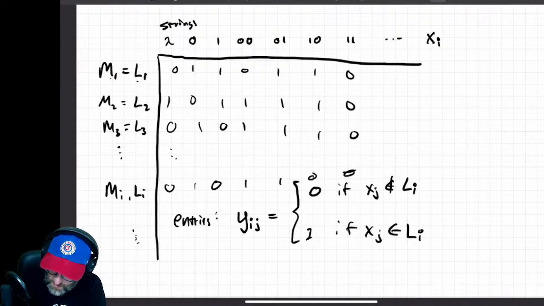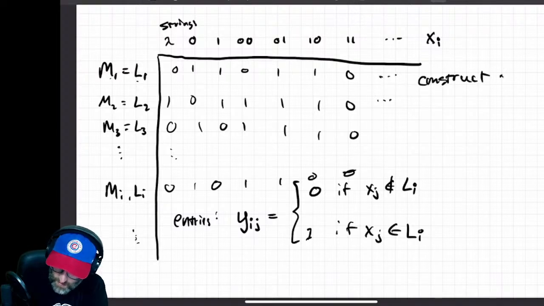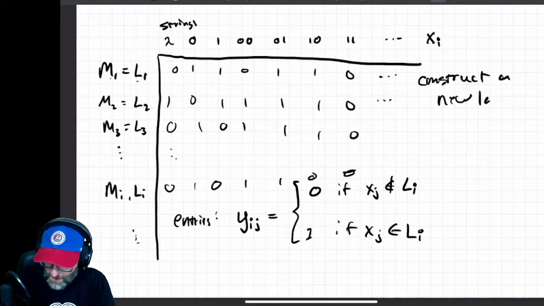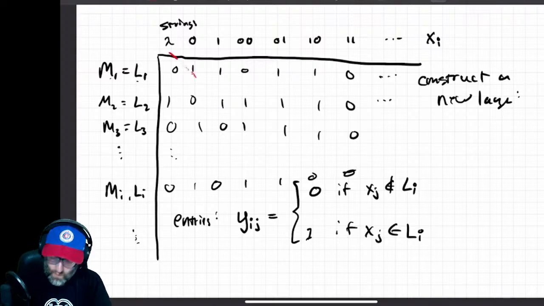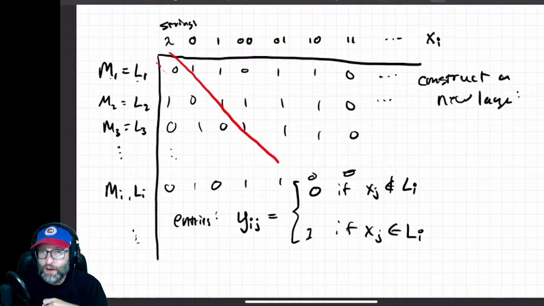Now what I'm going to do is construct a new language. The way that I'm going to do that is by diagonalizing. So look along the diagonal here. What I'm going to do is intentionally disagree with it.